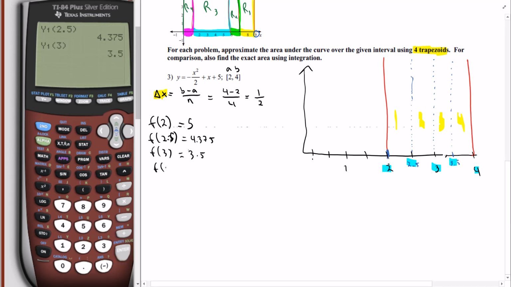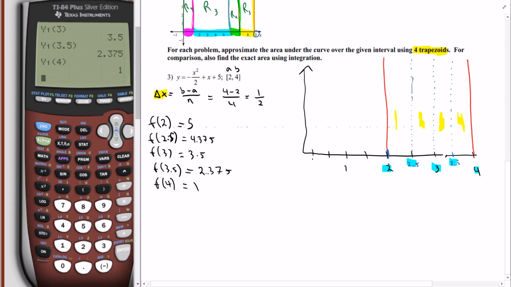And we're going to do f of 3.5, which is 2.375. And then lastly, we do need the last one on here too, which is f of 4, which in this case is 1.